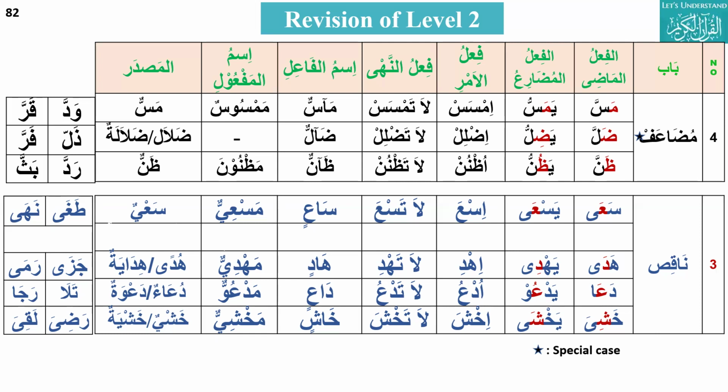Yatqaw, yatqawna, tatqaw, tatqawna, atqaw, natqaw. I hope you are not putting waw every time. In the singular there is no waw, yatgha, tatgha. But I need to elongate, right? Yes, no problem.